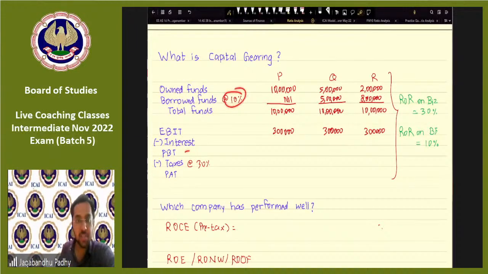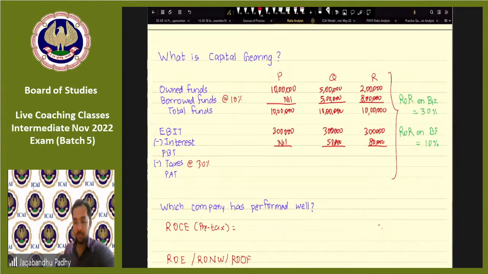Then interest. We say the funds are borrowed at 10%. Obviously, P is not going to have any interest. Q will have an interest payment of 10% of 5 lakh, which is 50,000. R will have 10% of 8 lakh, which is 80,000.